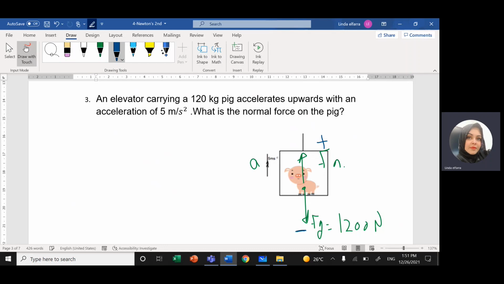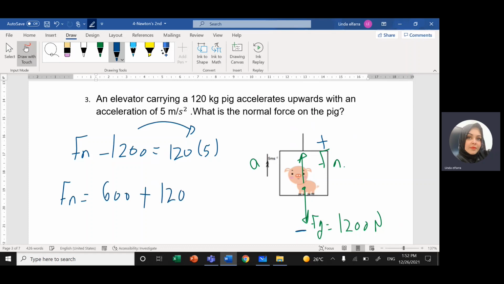Opposite to the direction of motion is negative. So when we apply Newton's second law, it will be Fn minus 1,200 will equal mass times acceleration. Take this to the other side. So Fn will equal 600 plus 1,200, and this will give us 1,800 Newton.